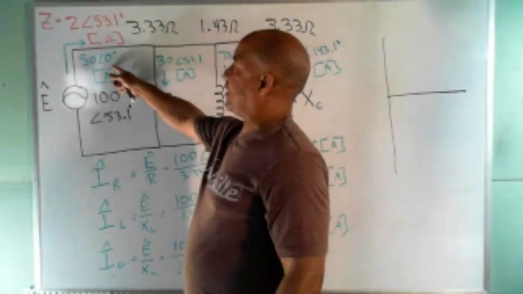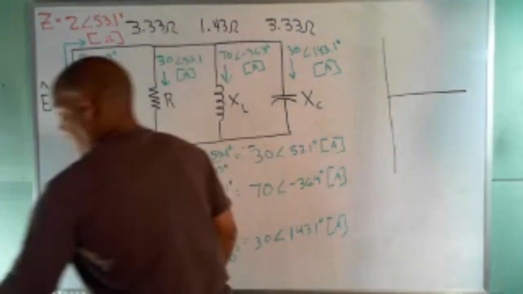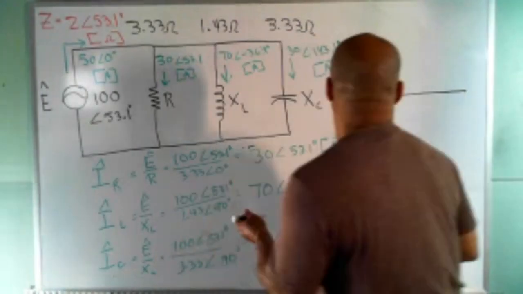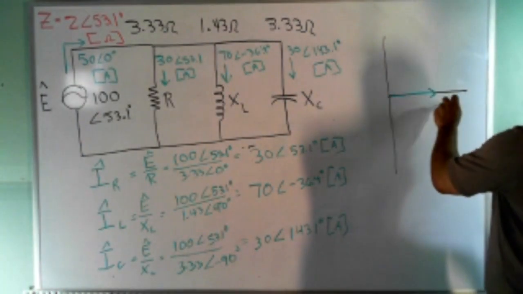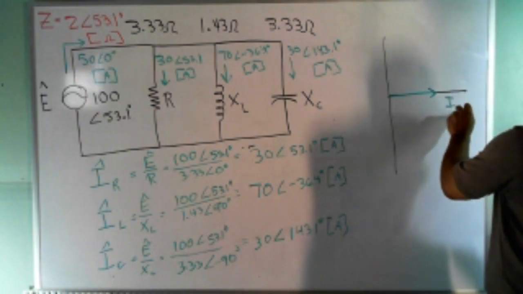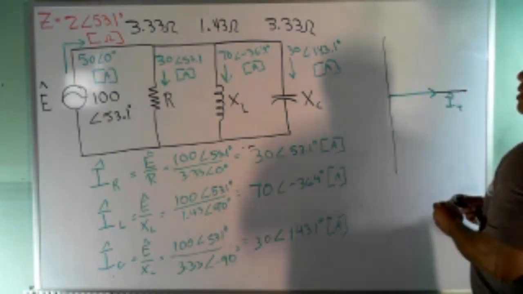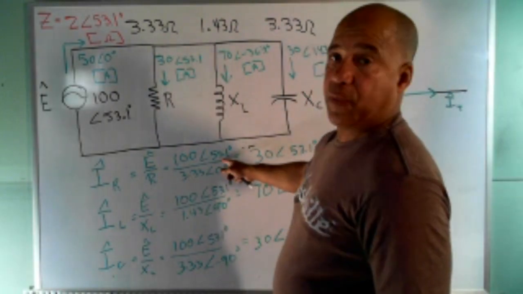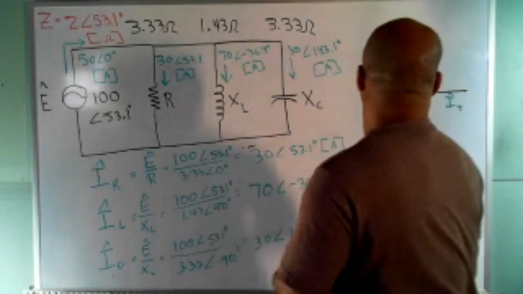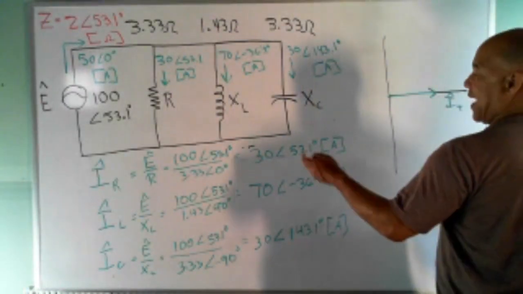My current is at 0 degrees. That's kind of my reference. So I'm going to show my current right here. That's my total current. My voltage is at 53.1 degrees, so it's up in quadrant 1, and it's a magnitude of 100.